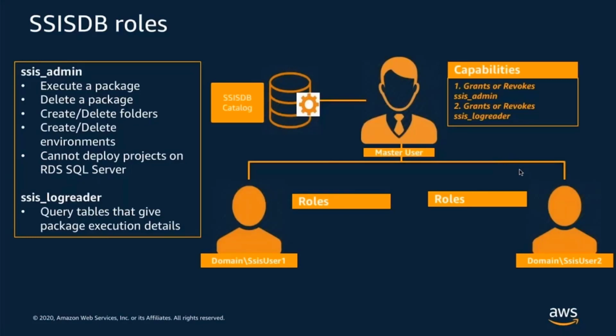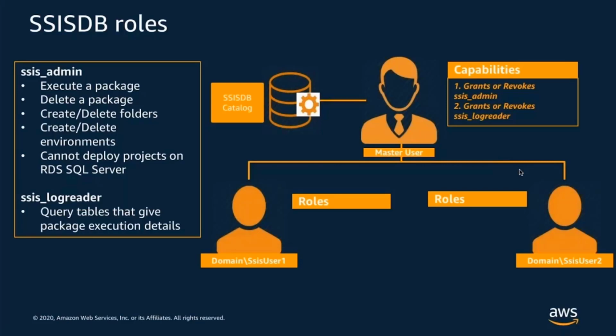When the instance is created or modified with the SSIS option, the result is an SSISDB database with the SSIS admin and log reader roles granted to the master user. The master user has the privileges to alter the SSIS admin role, the log reader role, or any other user's roles.